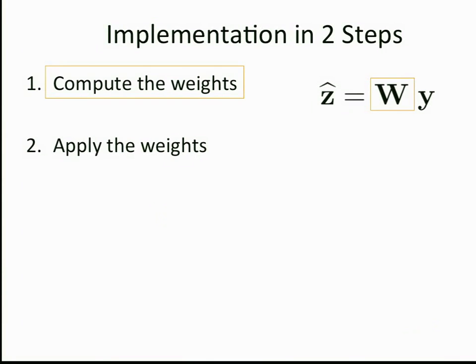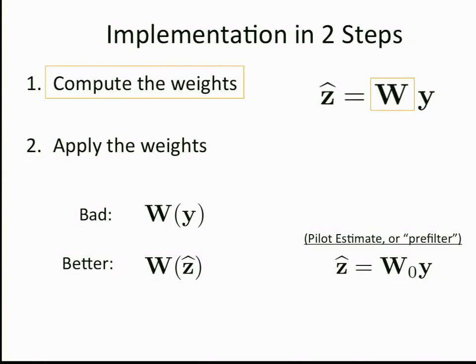Now, when it comes to problems like denoising, you might raise an objection that these weights on the input are going to be computed from noisy pixels. And you would be absolutely right to raise that objection. So typically, the way we do this is that we don't compute the weights directly on the signal that we're given when it's noisy. Instead, what we do is something we call pre-filtering, or computing a pilot estimate.